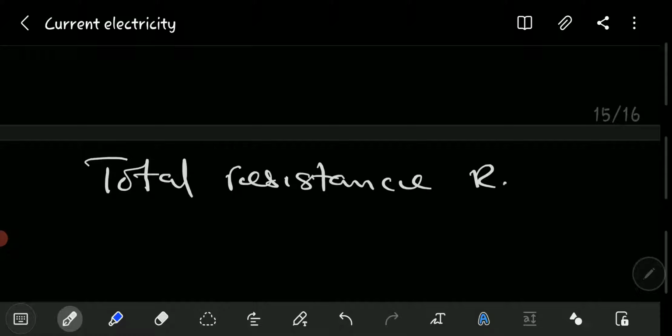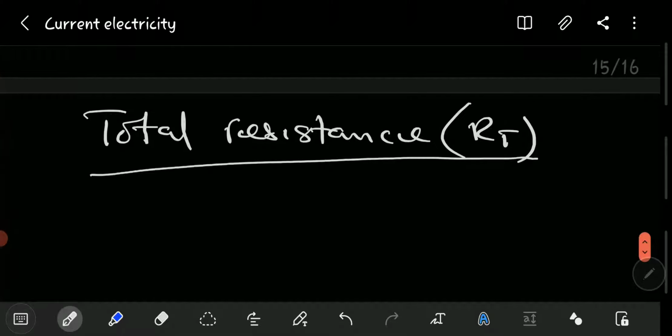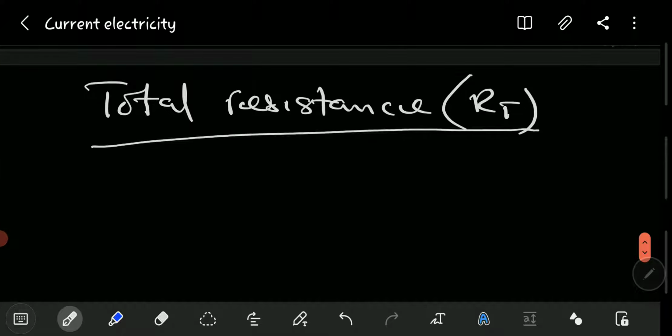However, the total resistance for resistors in parallel is different in calculation. So how do we find the total resistance of resistors connected in parallel?